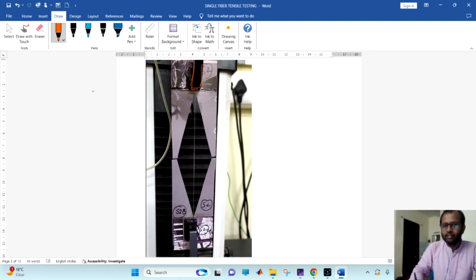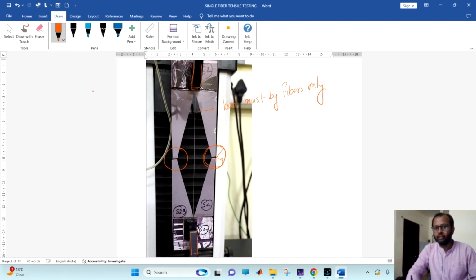After loading in the grips, we have cut this paper support from the sides so that the load is borne by the fiber only. Load must be borne by fibers only. So that's why we have cut it from here.